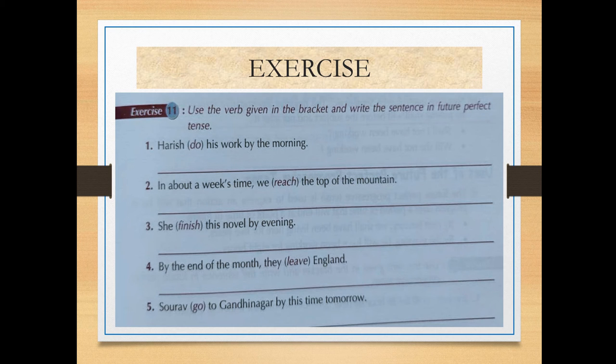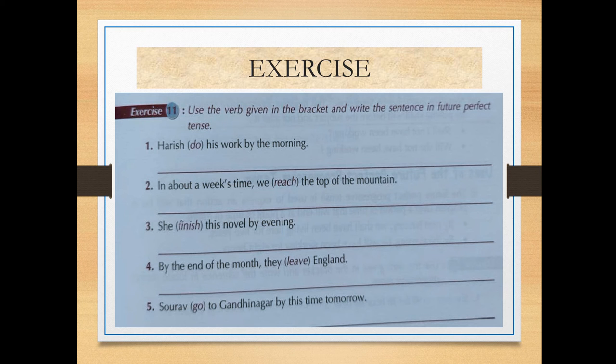Use the verb given in the bracket and write the sentence in future perfect tense. Now children, the formation is shall/will plus have plus V3, that is the past participle form of the verb. Let's see the first one.